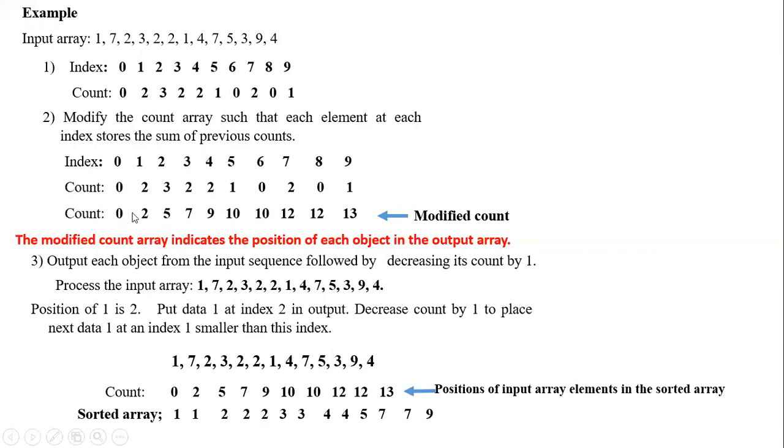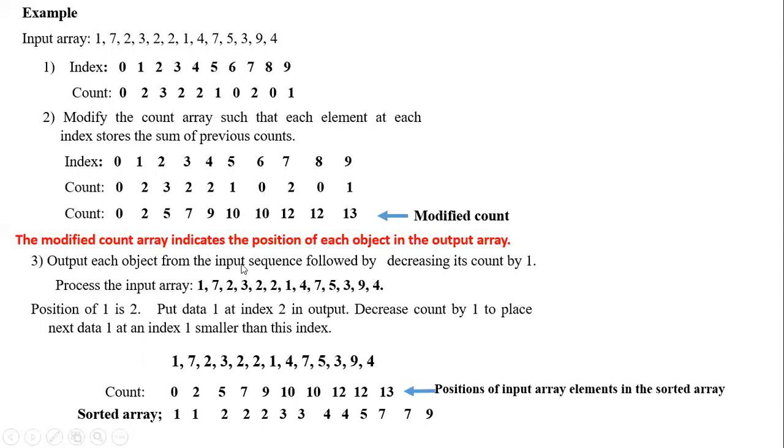Here 0, 2, 2 plus 0 is 2. 3 plus 2 is 5. 2 plus 5 is 7. 7 plus 2 is 9. 9 plus 1 is 10. 10 plus 0 is 10, etc. Now we have the modified count array. This modified count array shows us the positions of each element in the sorted array.